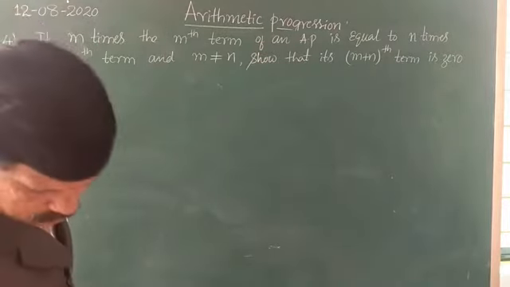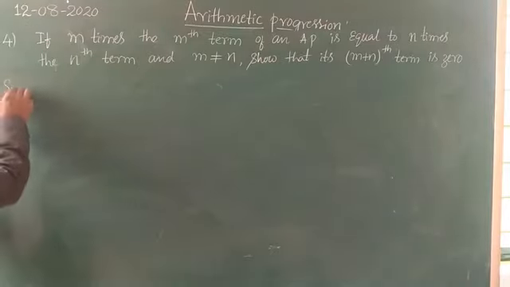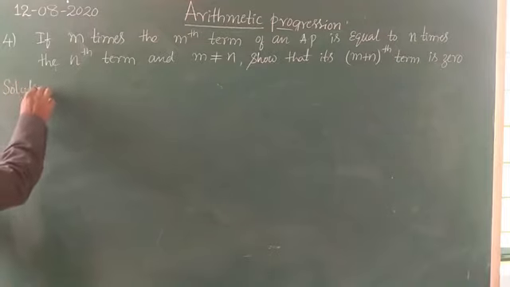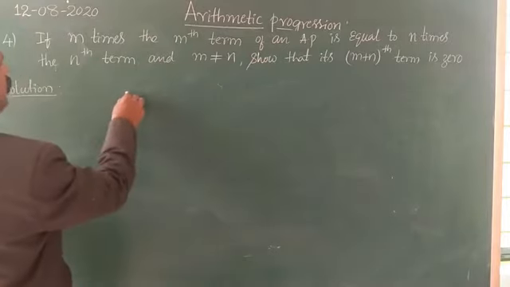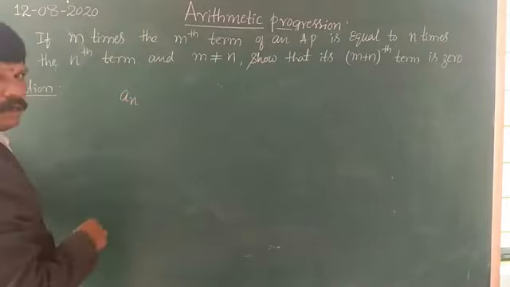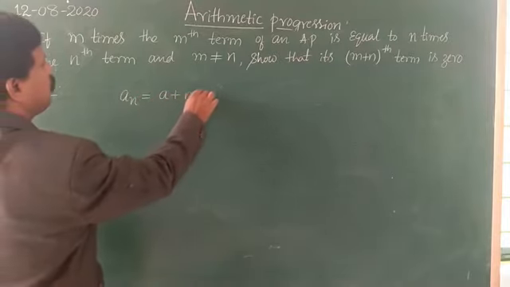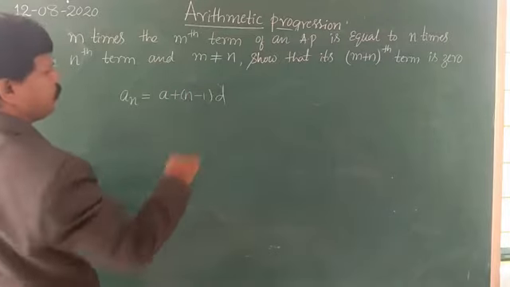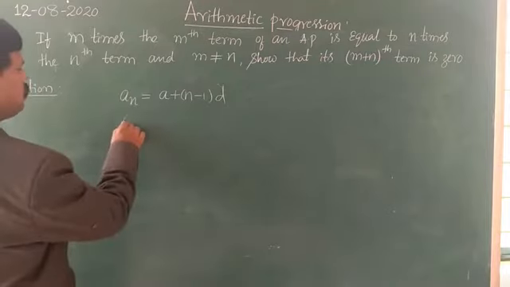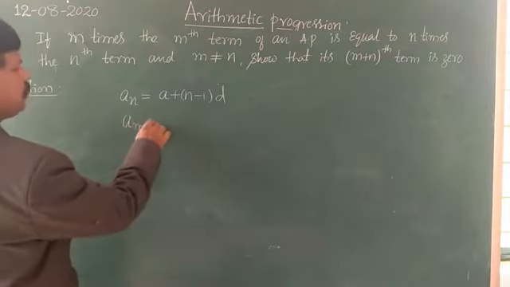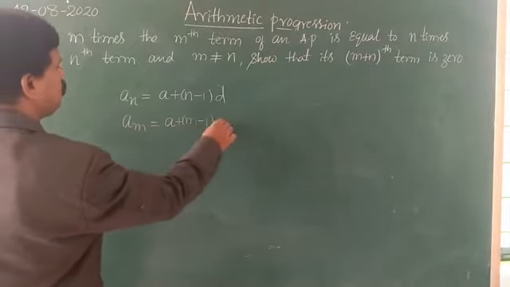Before starting this, let us know how to write the nth term. Solution. Just recalling: we know that the nth term is an is equal to a plus n minus 1 into d. This is the nth term. Similarly, the mth term means am is equal to a plus m minus 1 into d.